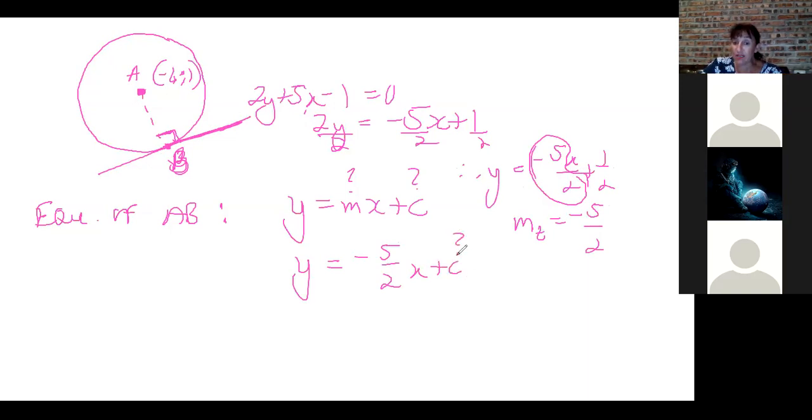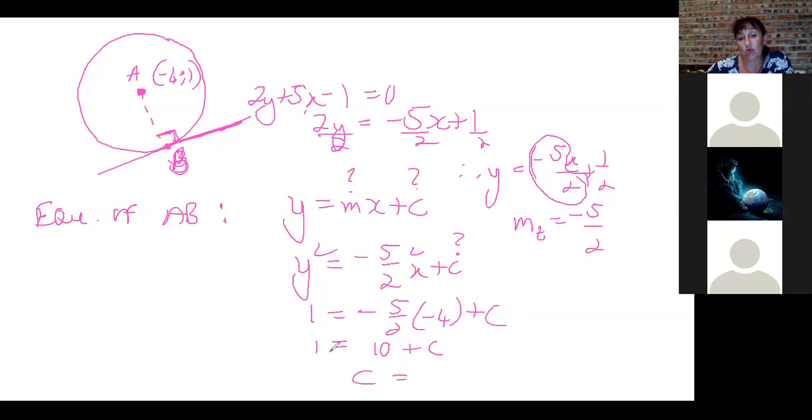I still need to find c, so I need an x and a y, and there's my x and y on this line. So y is 1, x is -4, and I can easily solve for c because it's the only unknown. Let's tidy this up: 1 = +10 + c, so c = 1 - 10 = -9.